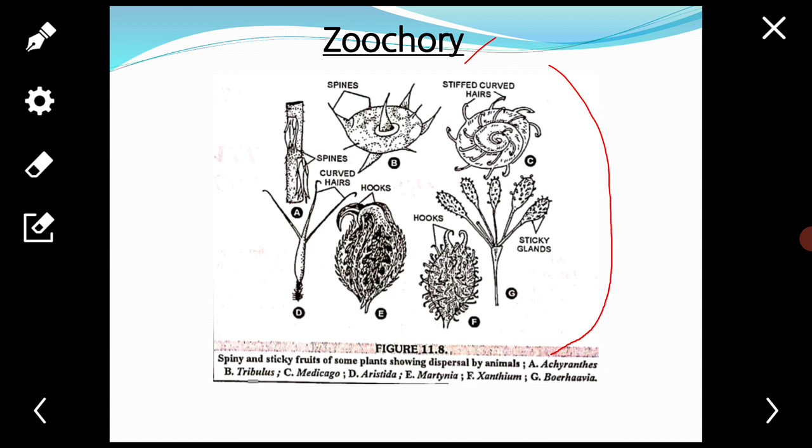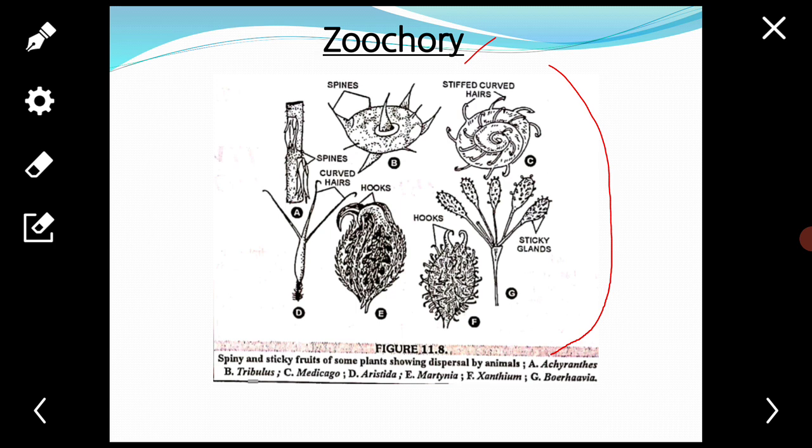These fruits and seeds get attached to the skin, fur, or hair, wool of some passing animals and carried to some distance.